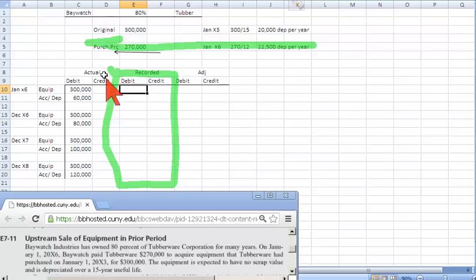So we have 270, what the equipment will always be recorded as. I'm sorry, this should be a credit.